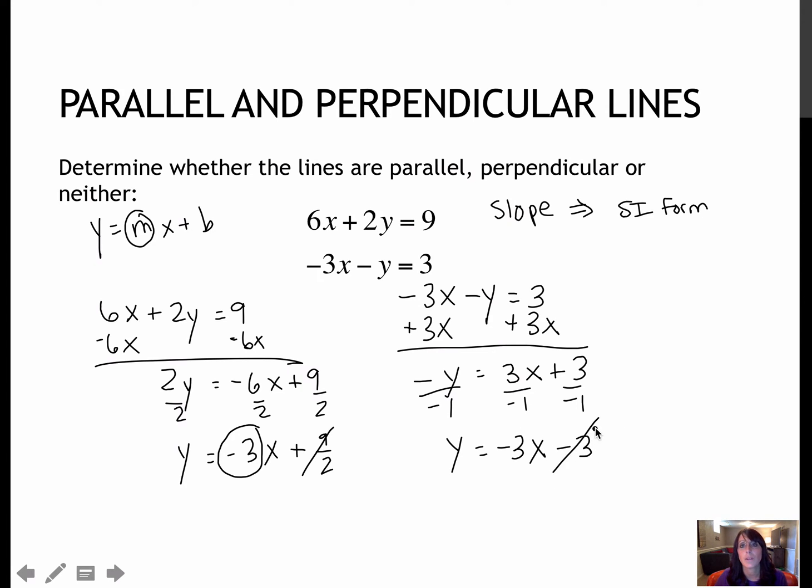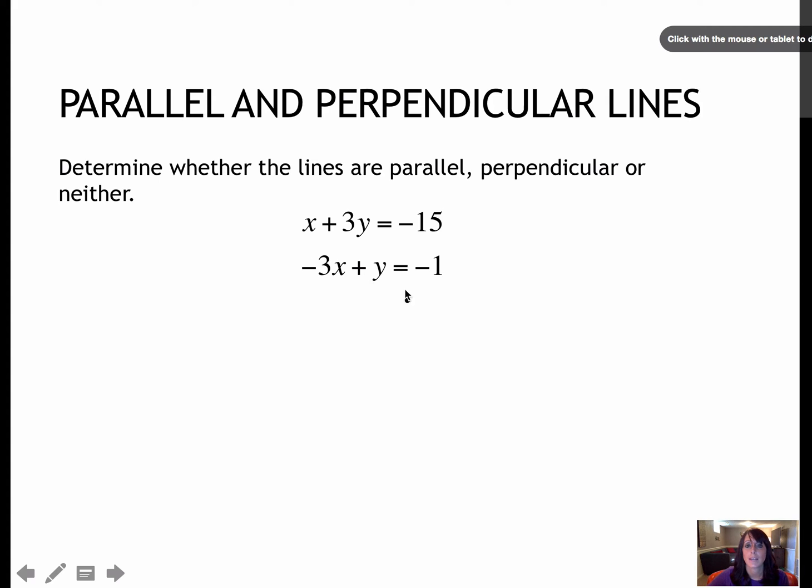Again, I don't care about the minus 3, I just care that it's different than 9 halves. I care about the slope. So now I'm looking at the slopes. Notice that the slopes of the two lines are equal to each other. That tells me that the lines are parallel. They're equal slopes, different y-intercepts, so they are parallel.